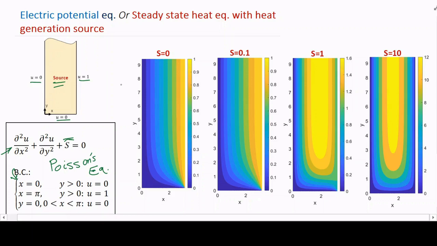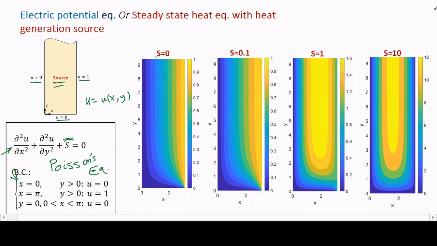Then we are trying to adjust the intensity of the source term here, and we want to see how the temperature distribution will be affected by changing the source term. So we expect the temperature to be a function of x and y. Since this is a steady-state problem, we don't have the effects of time here, and we have a function which is just dependent on two independent variables, x and y.